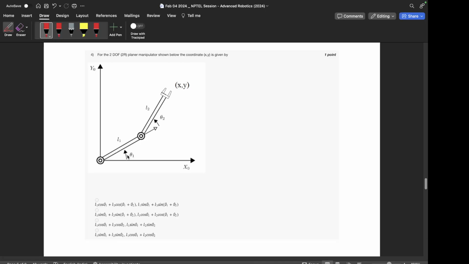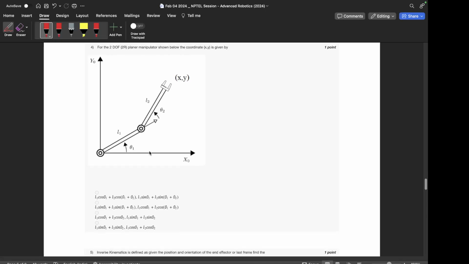For the 2 degree of freedom 2R planar manipulator shown below, the coordinate xy is given by, so again this is something which we have now seen repeatedly, and you would now recall the constructions needed. So this is L1 C1, this is L2 C2, marked as P1, P2, P3, P4 and P5, and let's say P6.